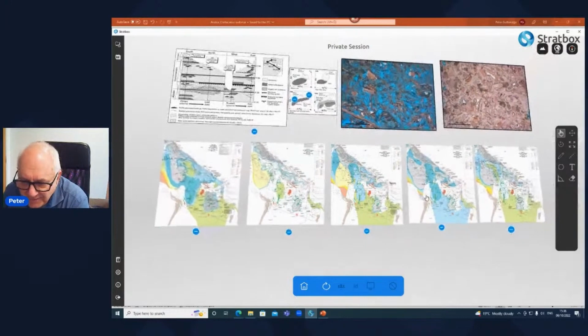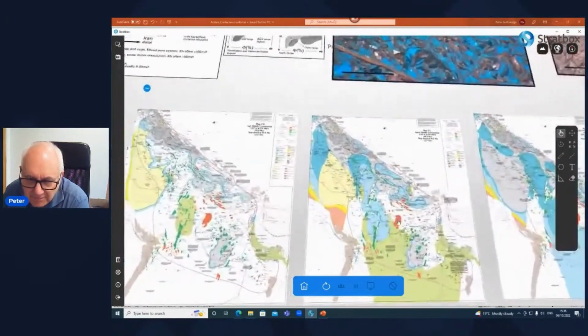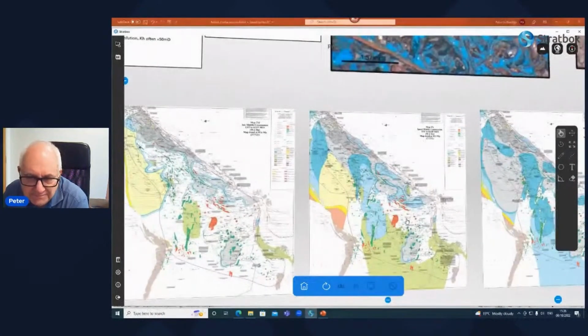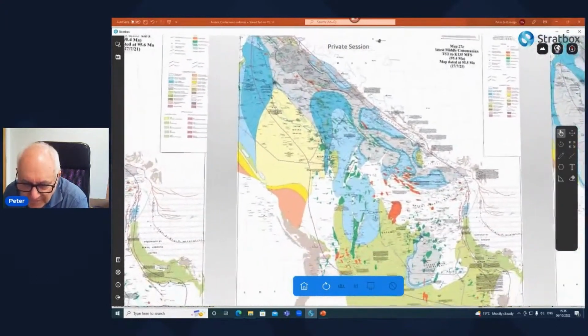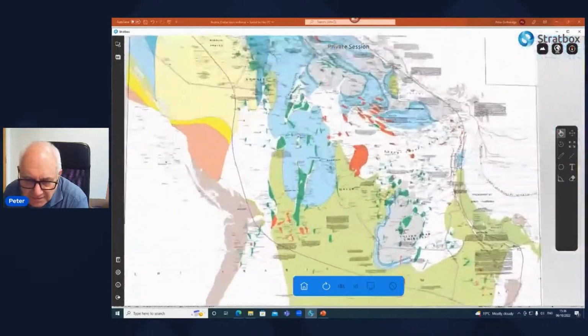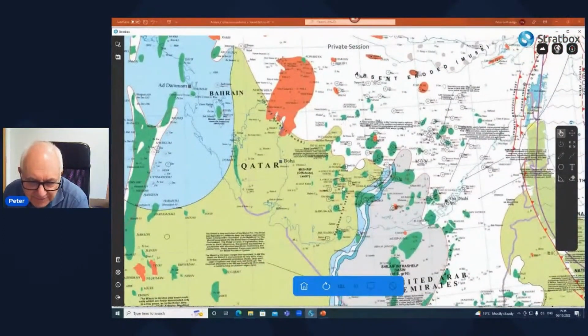Now, if for example we take this map, which is the Middle Cenomanian Transgressive Systems Tract to K135, and zoom in on this area, we can see that the actual unconformity cuts across a number of facies belts.